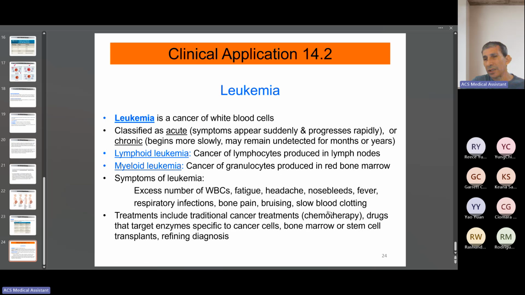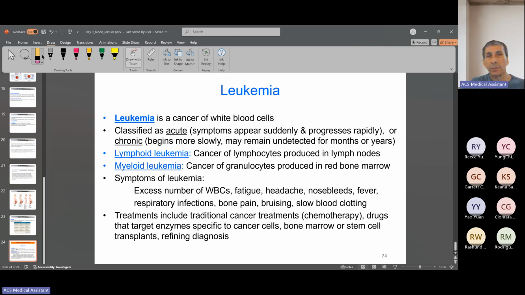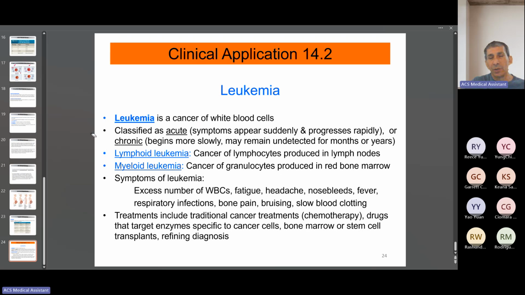It can be treated with chemotherapy, other types of drugs that are used for these types of conditions, or remember the stem cells transplant, bone marrow. We mentioned this when we were talking about hematopoiesis, the production of red blood cells, white blood cells, and platelets. So that's basically what it is. Technology has advanced a lot.